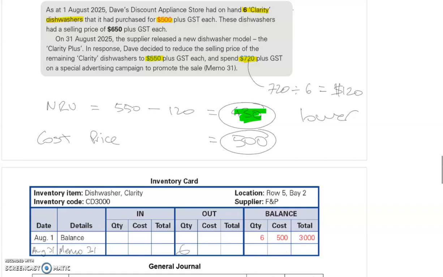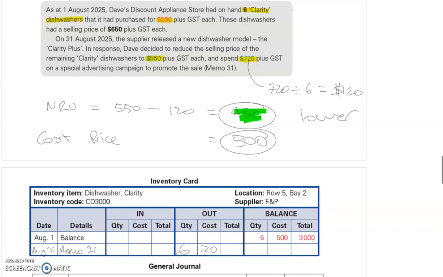So 6 are going out, and we need to decrease each dishwasher by $70 to get us down to the $430 net realizable value.